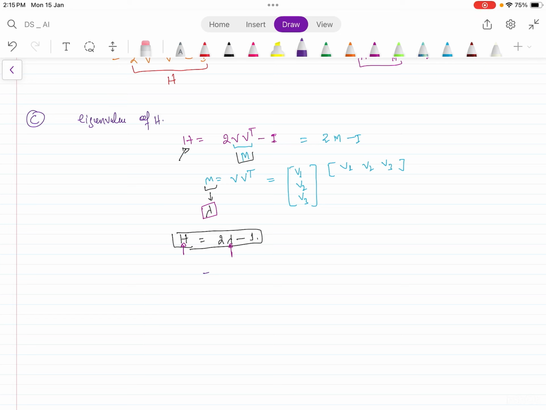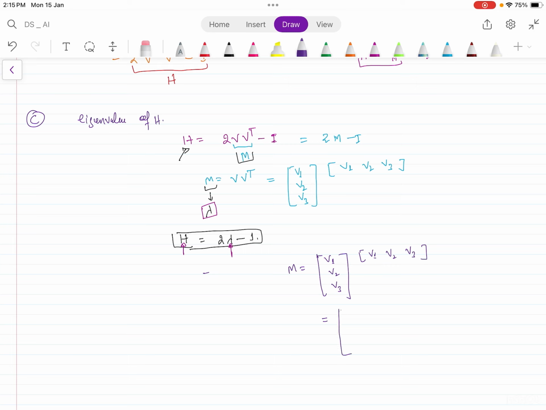And this M is v1, v2, v3 times v1, v2, v3. So what will be the rank of this matrix M? That will be 1, right?